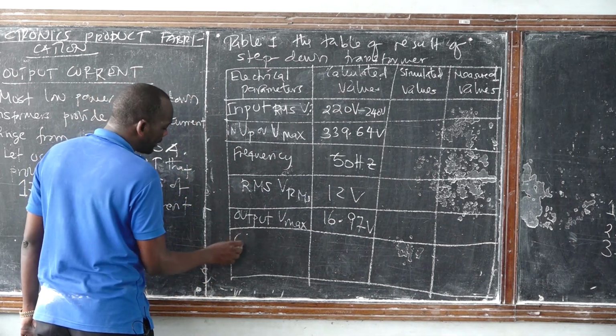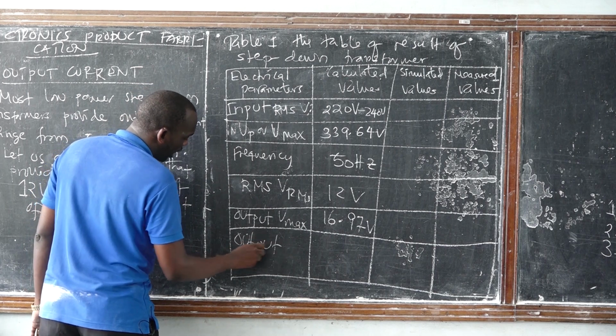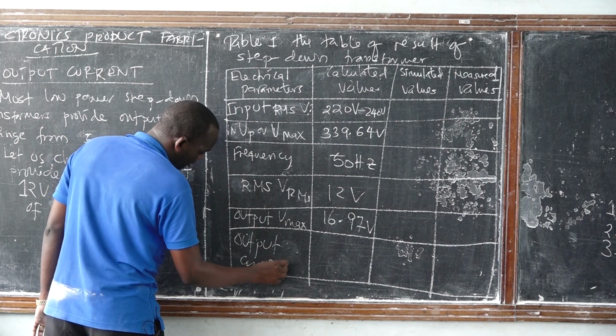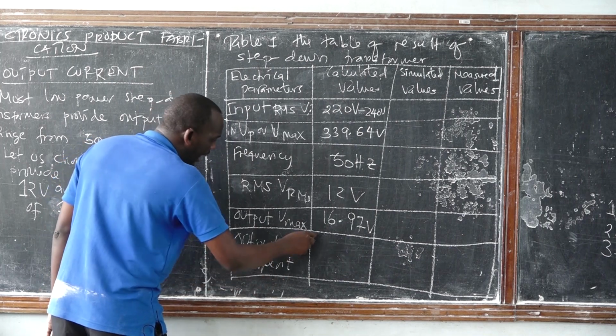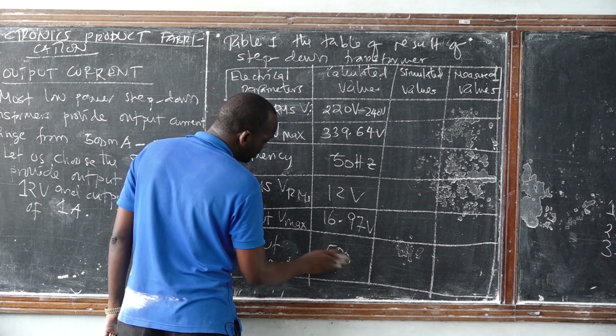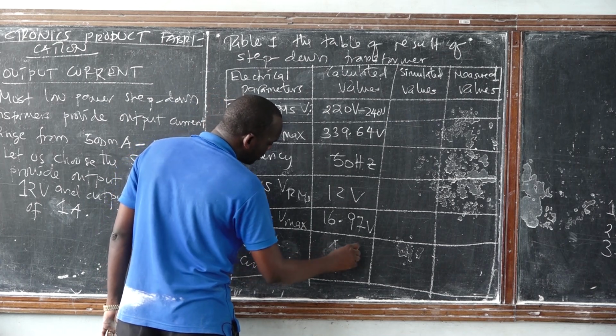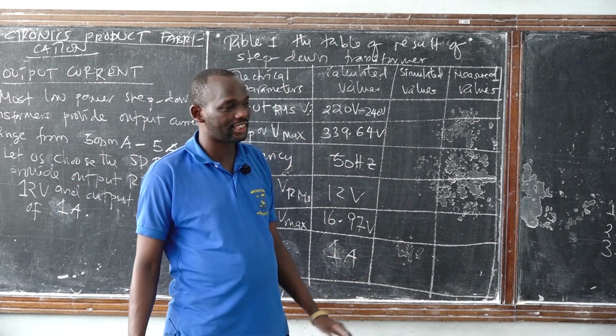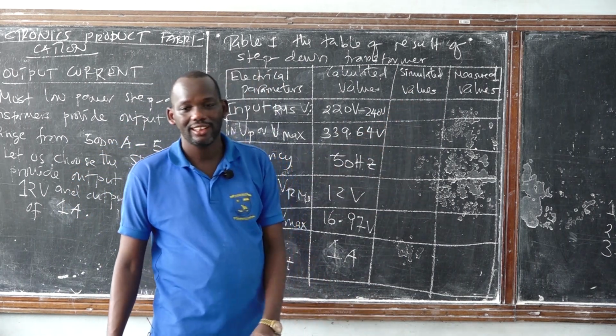Then the next parameter. Output what? Current. What output current? 500 what? We said 1 in. So when you simulate the transformer itself, you have to make sure to get there.